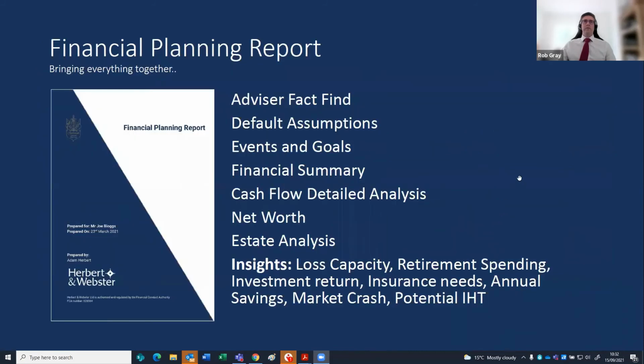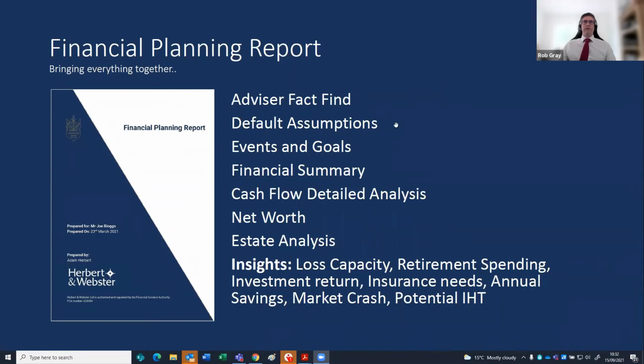So what we will provide at the end of the process is a financial planning report. Obviously, it all looks very nice on the computer, but what we can actually provide is a record of the fact find that we take, so all of the information that's used.